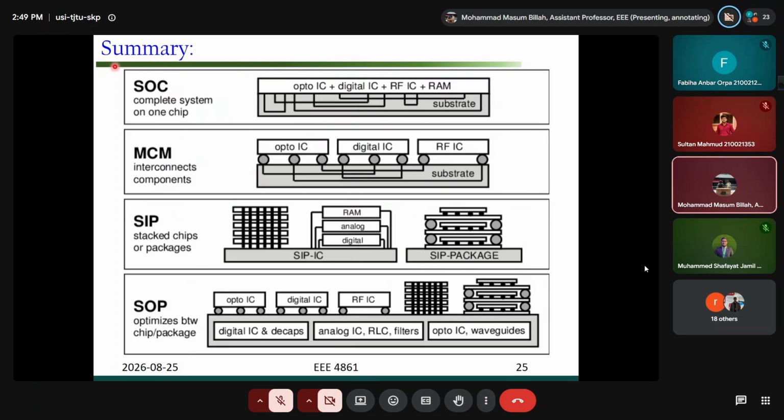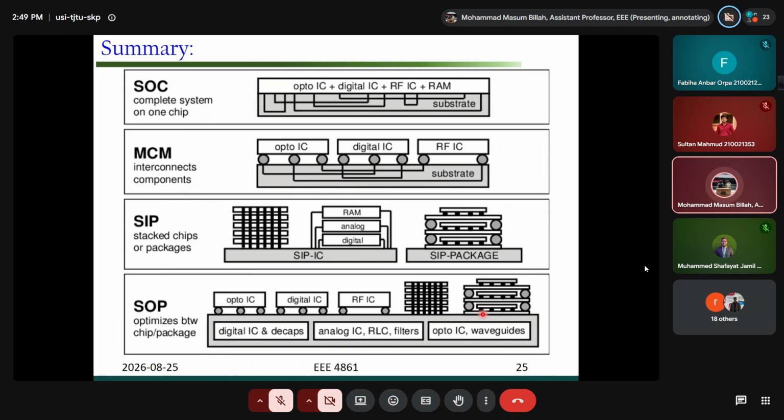What is SIP? The systems are stacked. See here, digital IC, analog IC, RAM, or any other systems are stacked vertically. So this is called system in package. And SOP means system in package and addition of MCM. So this first part is MCM and this part is the SIP.